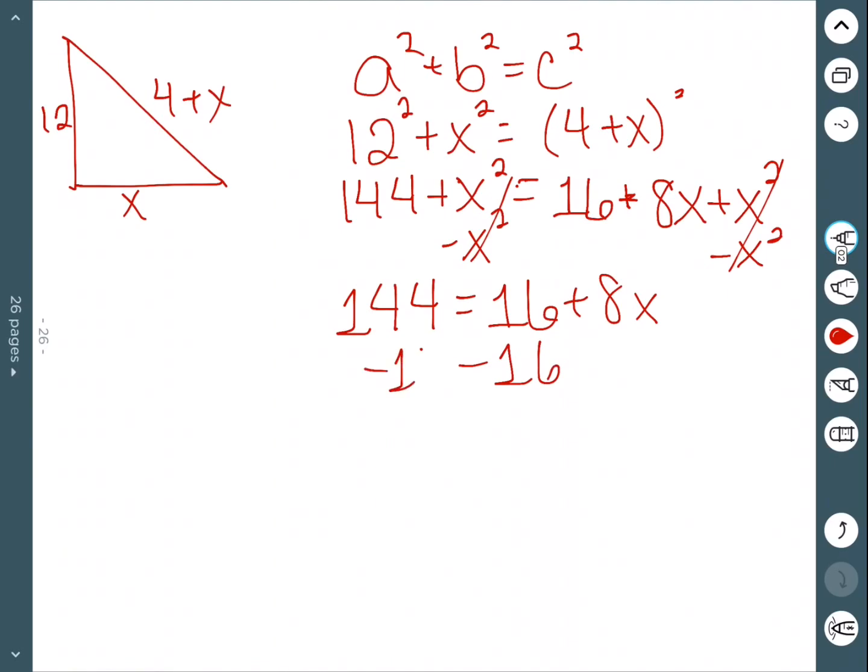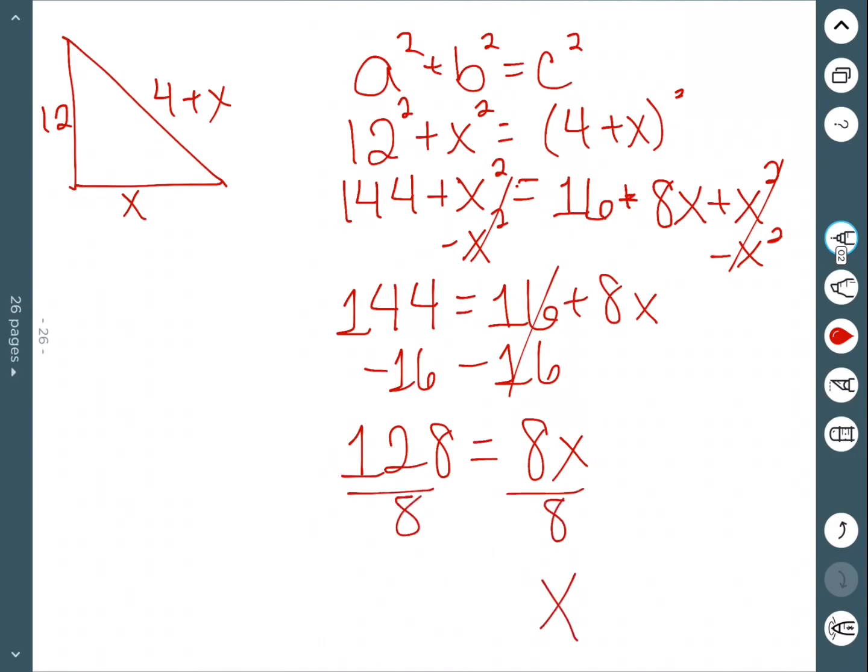I can then subtract 16 from both sides and get 128 equal to 8x. When I divide by 8, I then get that x is equal to 16. So the eastbound car had traveled 16 miles.